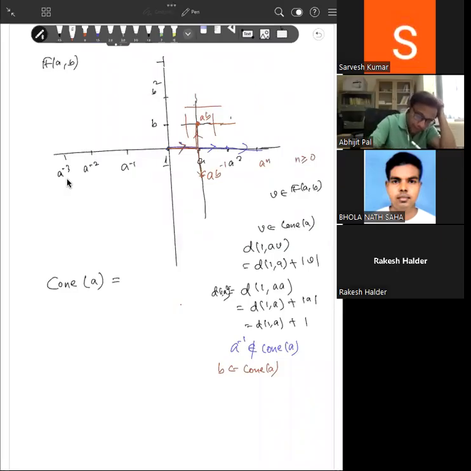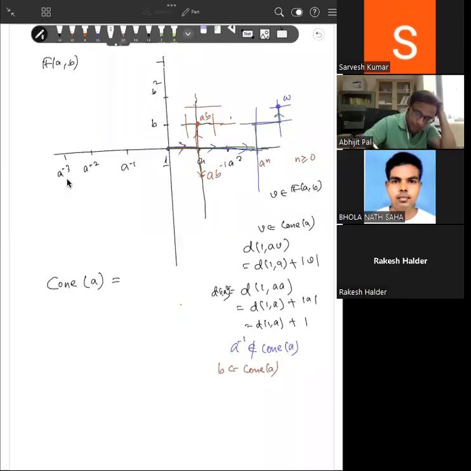And if I take any A to the power N and take any word W here, then that W will belong to the cone of A, right? You can take this geodesic. This is a unique geodesic space.